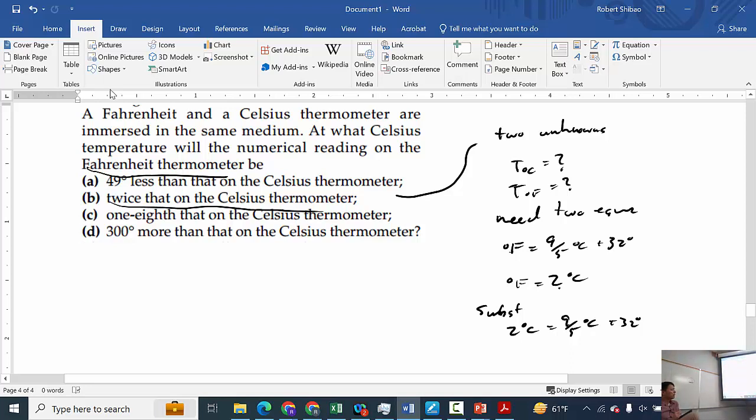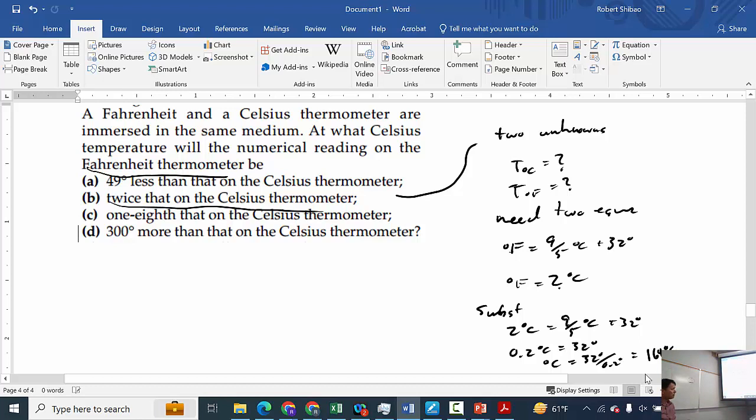So 2 minus 1.8 gives me 0.2 degrees Celsius is equal to 32 degrees. Degrees Celsius is equal to 32 divided by 0.2, which is how many? 32 divided by 0.2 is 160. So the degrees Celsius is equal to 160 degrees C.